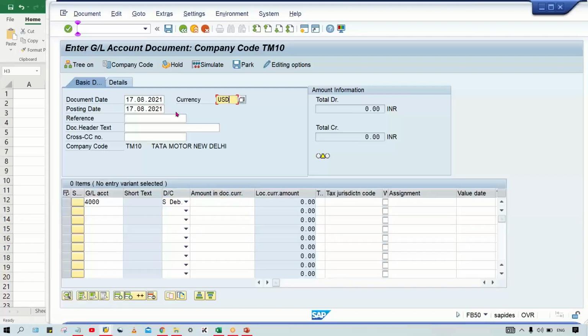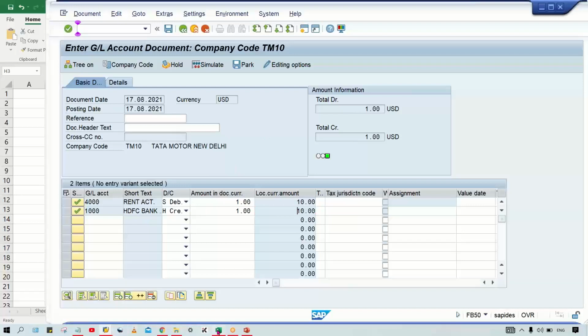Give me your USD. Click 1 and press enter. Look at here, 10. It is being considered by the system, right?